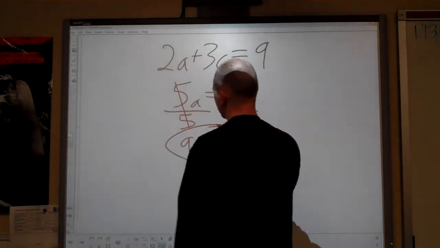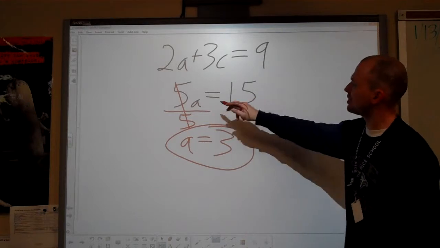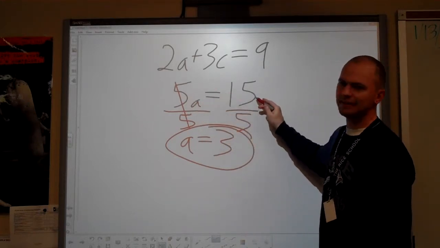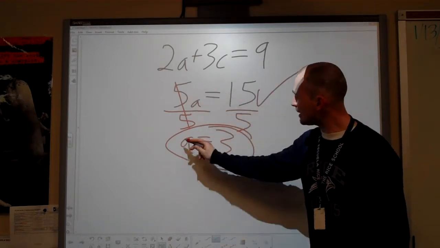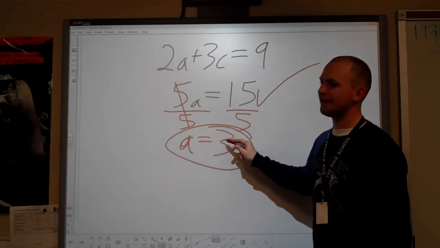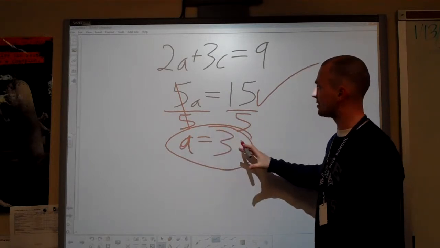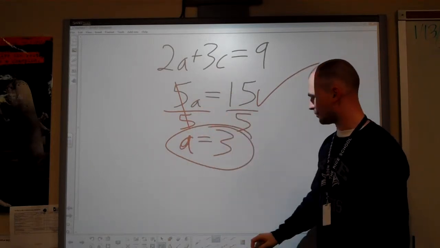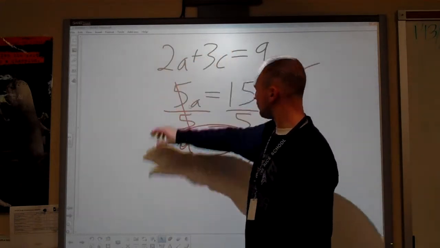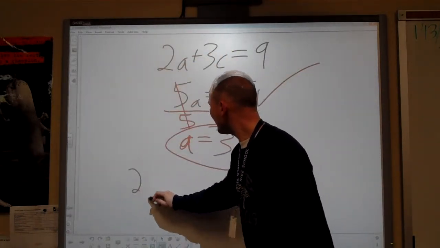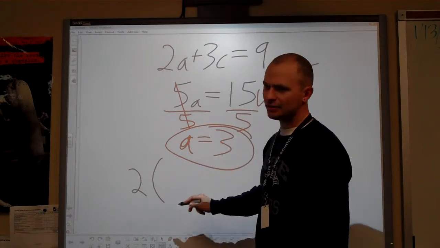A equals 3. So I'm going to make sure this works. 5 times 3 equals 15. Yeah, that works. So A does equal 3. So I've got half my answer. Now I want to know what C equals. So I'm going to rewrite this original problem, only instead of A, I'm going to substitute what A equals.